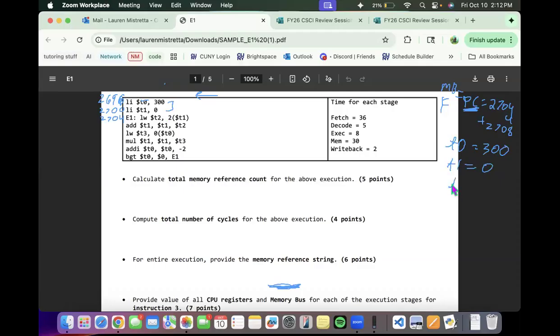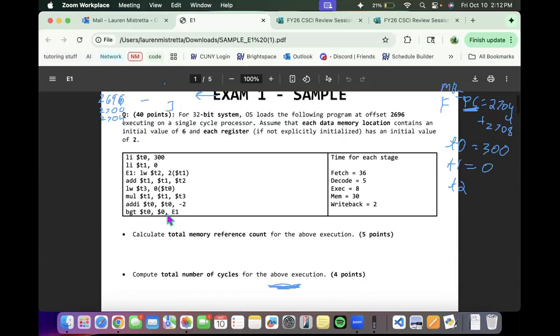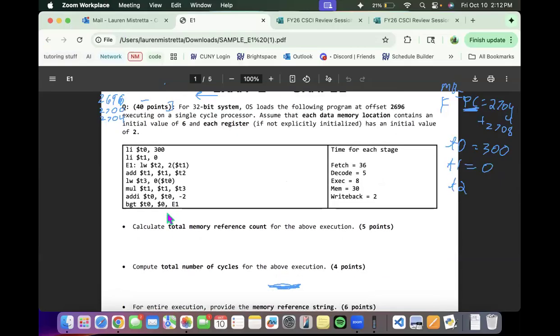And T2 is not initialized to anything. So what is the value that they told us to assume? The register has an initial value of 2. So because T2 was not initialized yet, we haven't done this instruction yet. We're in the middle of doing it. This T2 is just going to have a 2. Okay, that's going to be fetch.